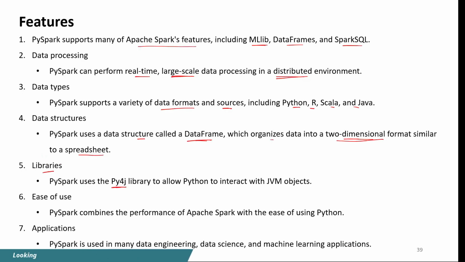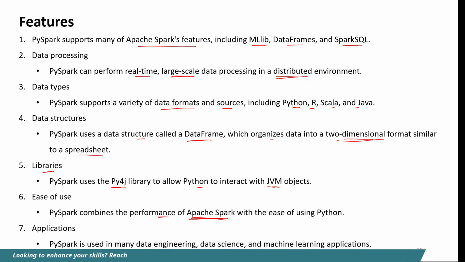We have understood that it uses the py4j library, which allows Python to interact with JVM objects. On ease of use, PySpark combines the performance of Apache Spark, because of its in-memory processing, with the ease of using Python. Okay, applications. PySpark is used in many data engineering, data science, and ML applications. These are the features and uses of PySpark.